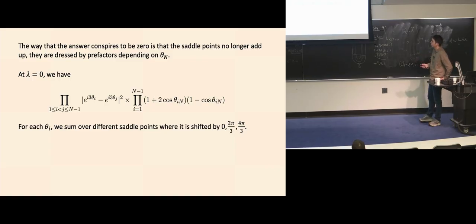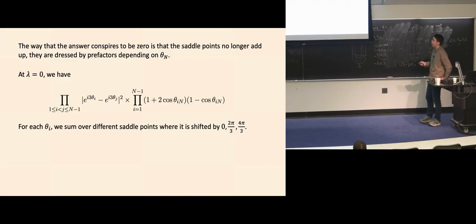Let me explain that very briefly, how it works. If you just look at lambda equals 0, and you write the integrand in this form, you have a term that includes the first 1 to n minus 1 eigenvalues that still takes the same form, but it's dressed by this additional factor that involves the theta n variable.